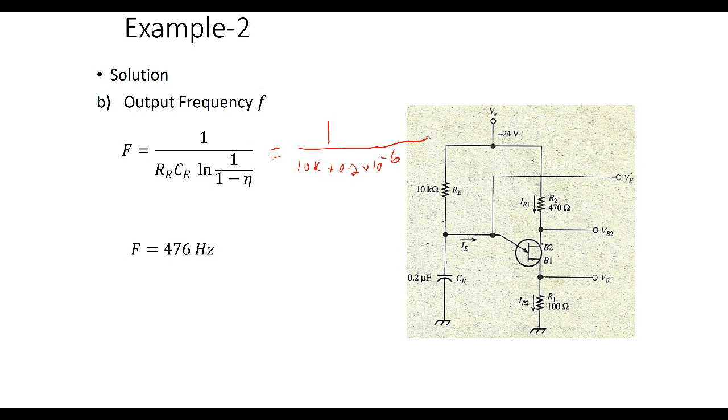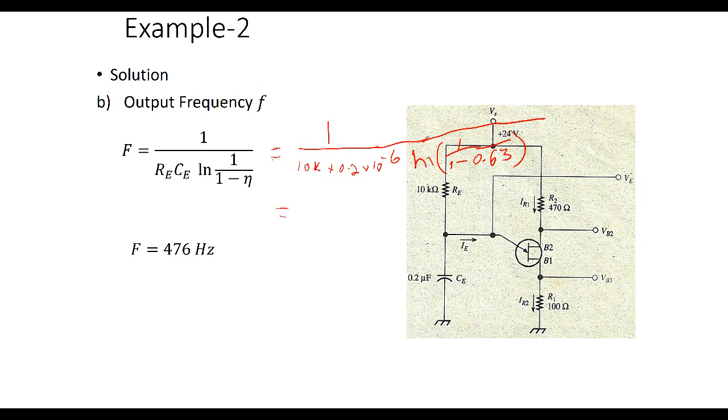And you take the natural log of 1 over 1 minus 0.63. Yes, sir, it's 502.89. How much? 502.